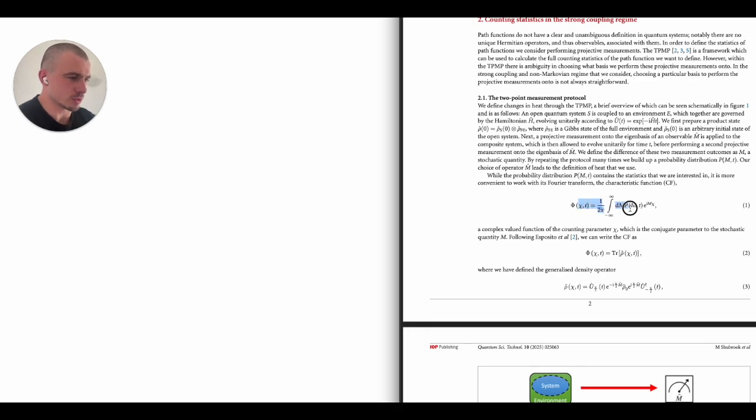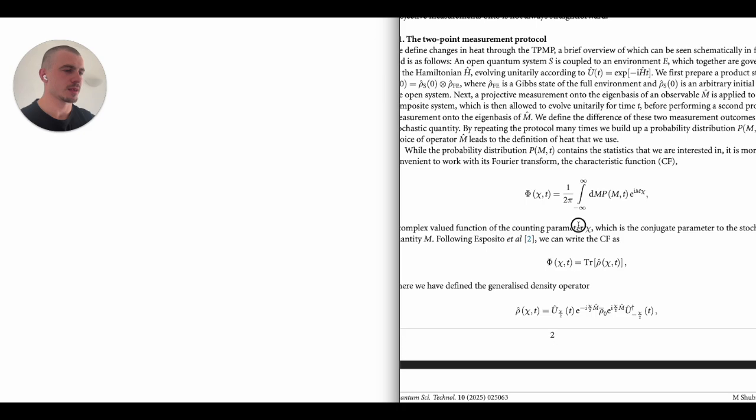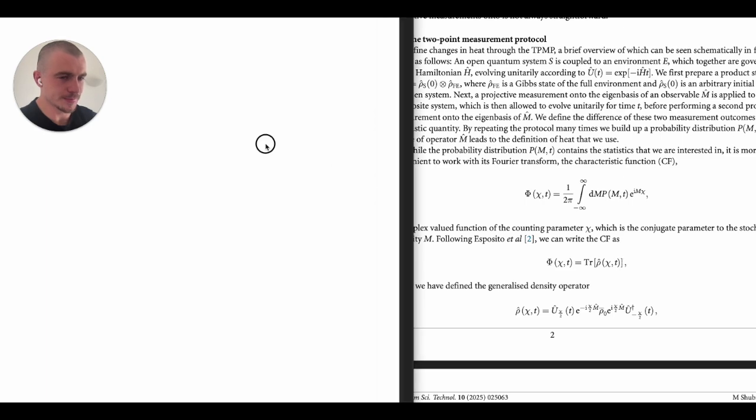But anyway, let's have a look at some of these equations here. So in equation 1, we have the characteristic function in terms of the probability distribution. So we can just see that it's the Fourier transform. Right, and then we use this really interesting result by Esposito, which tells us that we can write this characteristic function as the trace of a generalized density operator.